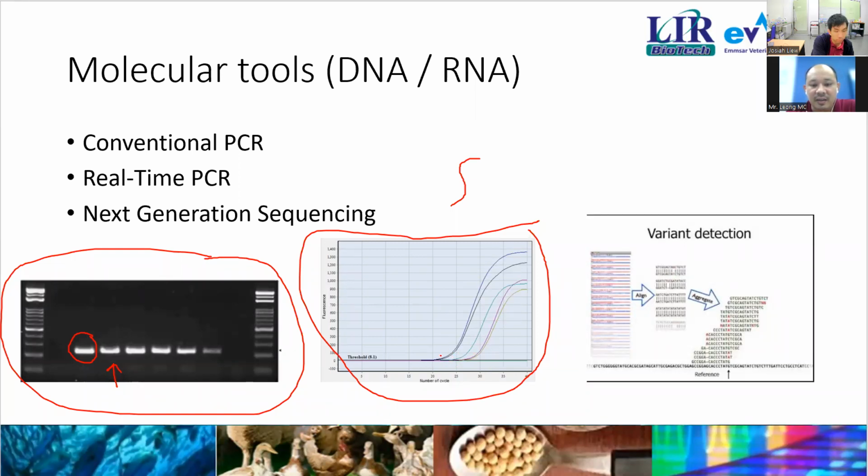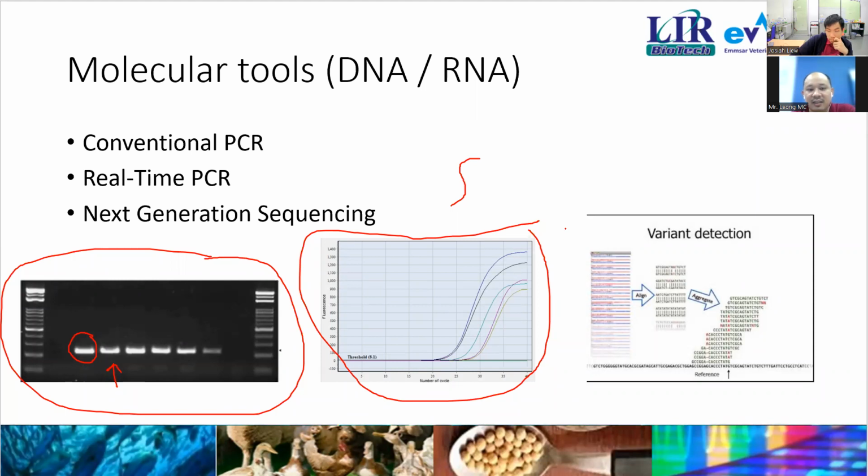The point where the curve crosses this line, we call the threshold. We can use that to calculate the quantity of the gene that is present. So if we are talking about disease detection, we will know how serious the disease is, the infection level.